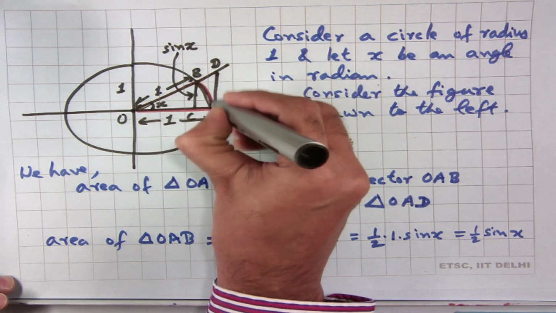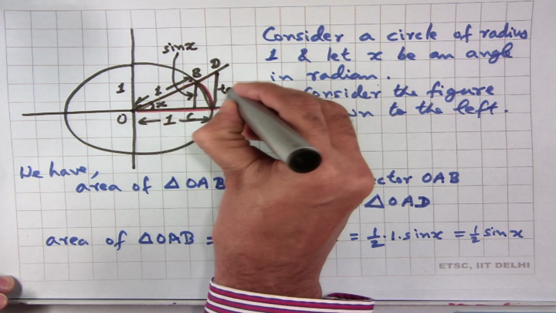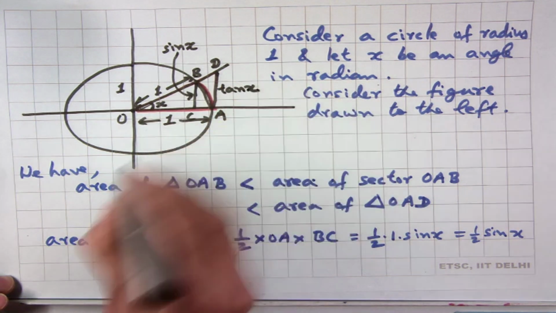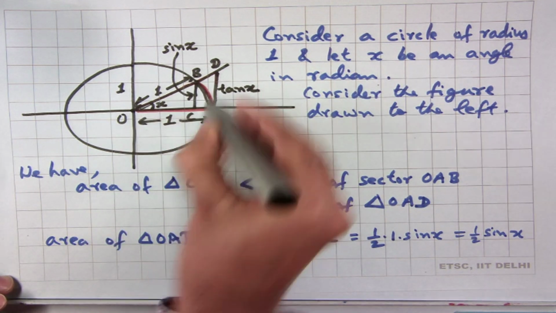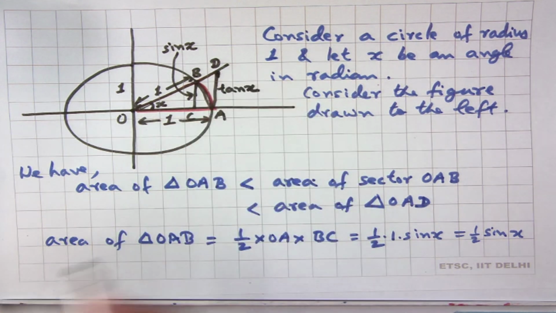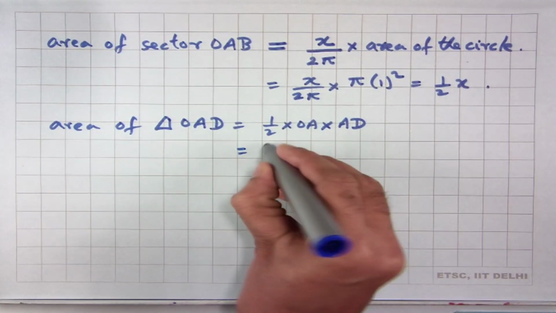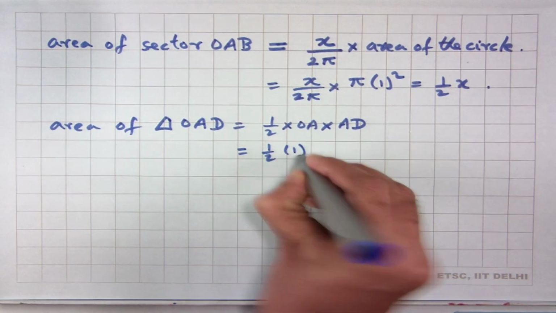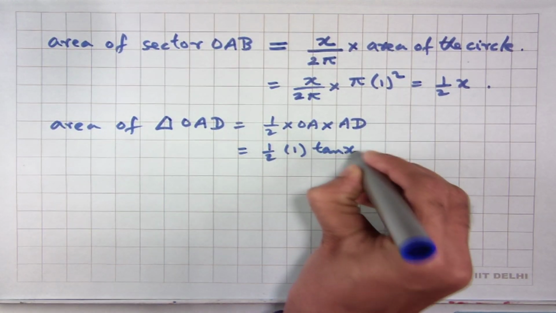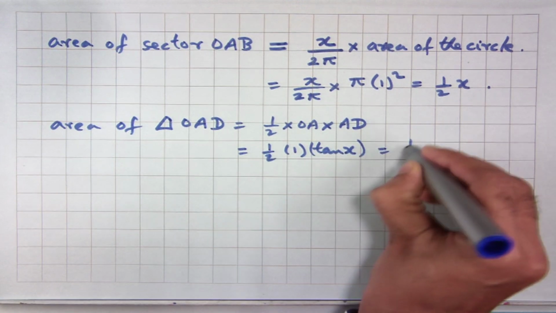In this triangle OAD, if we see, this base is of length 1. So, this opposite side is of length tan x. So, this is equal to half times OA times AD. So, that is half times 1 times tan x. So, this is half tan x.